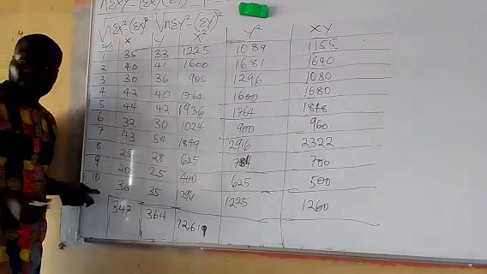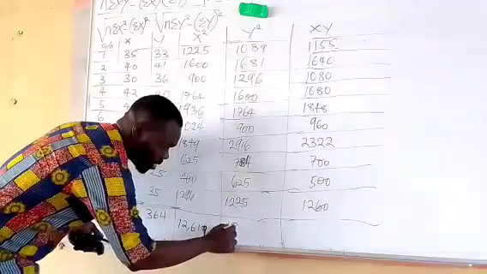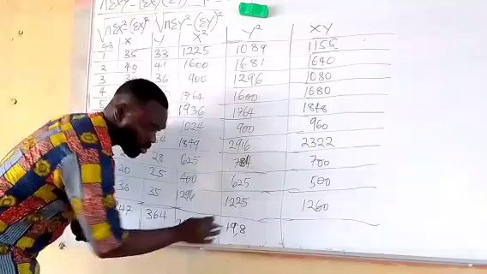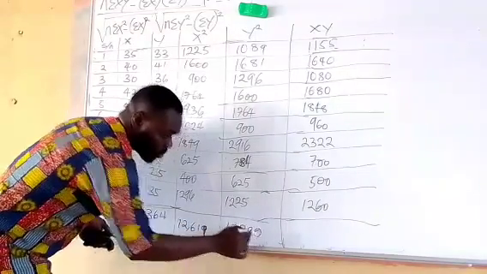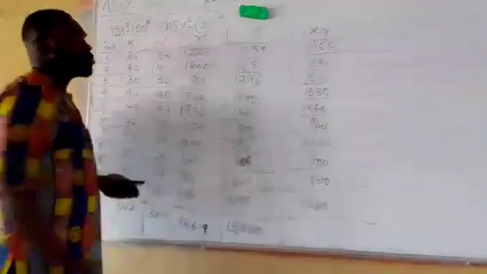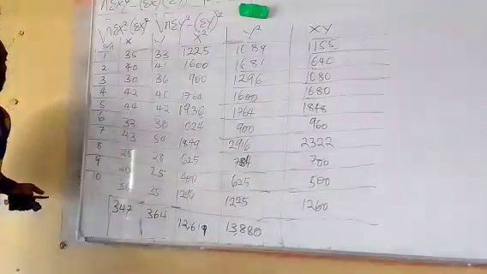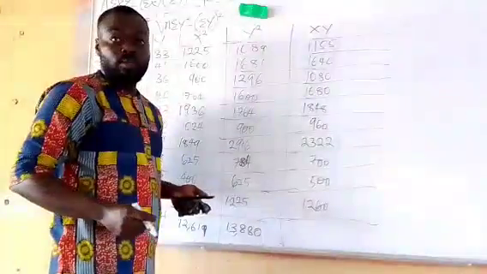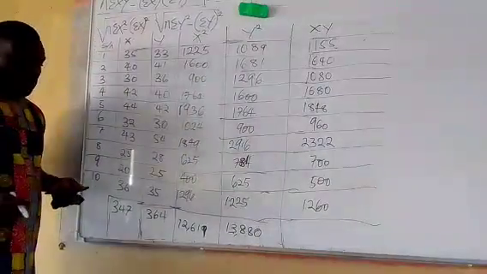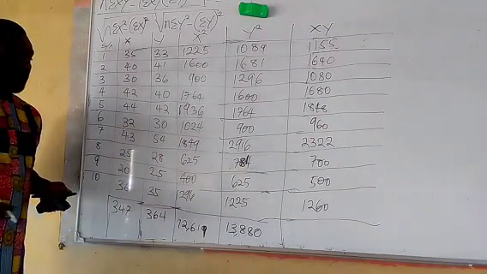Y square, have we gotten it? Y square is what? 13,880. Okay. Now summation XY. Are we sure? Check well. Is this one 12,619.